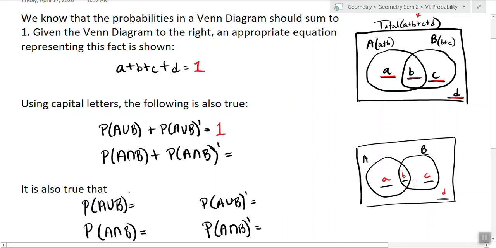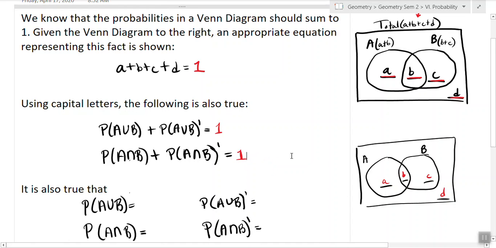Sorry, I'm going to back up just a hair here. So we're getting 1 there. And then A intersected B, well, that's this middle part. That's just that B there. Okay? So that'd be B plus, and then not that section. Well, not that section's all these other sections, right? So in effect, I've added all 4 letters. So if I'm adding all 4 letters again, then of course my sum is just 1.